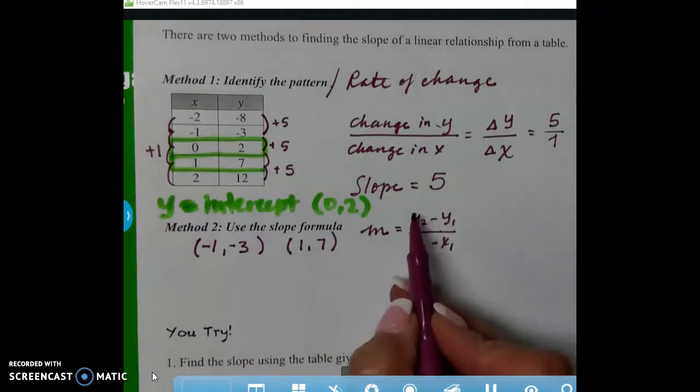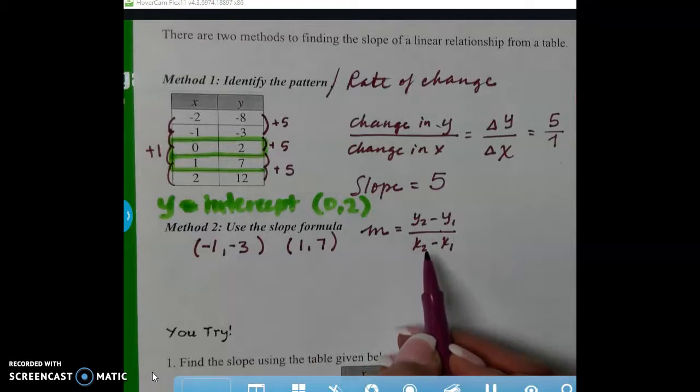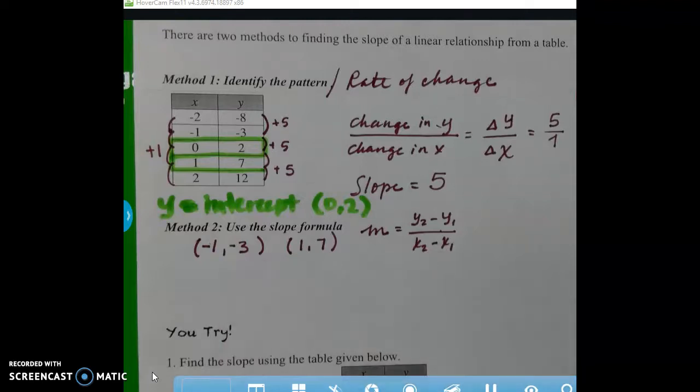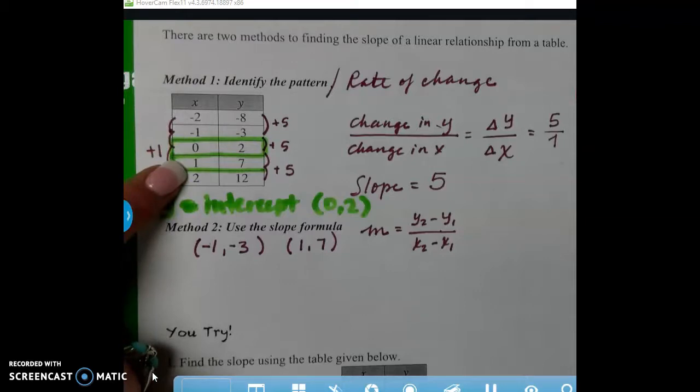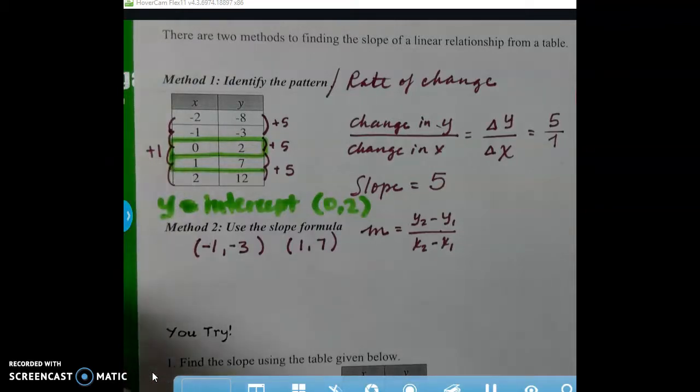As you notice, your formula says x1, y1, x2, y2. What are they referring to? In our list of values, these are coordinate points that happen in the order of appearing on your line.